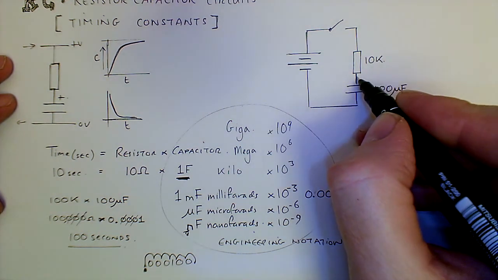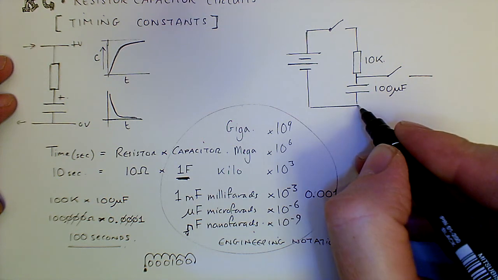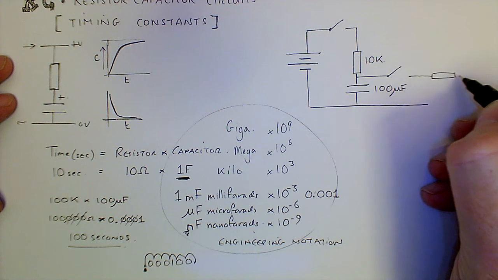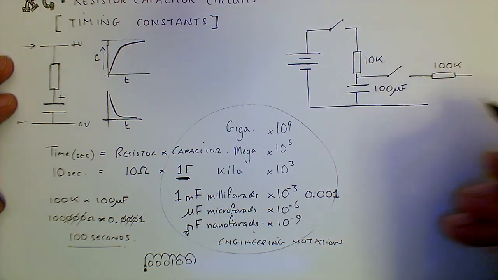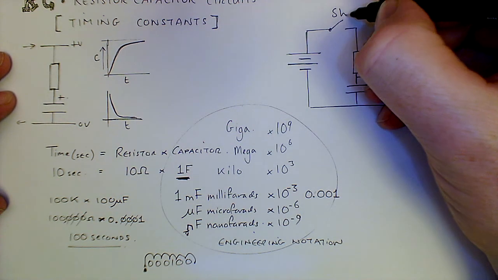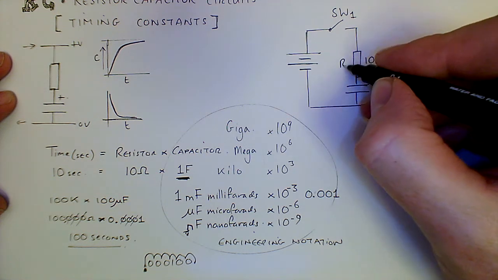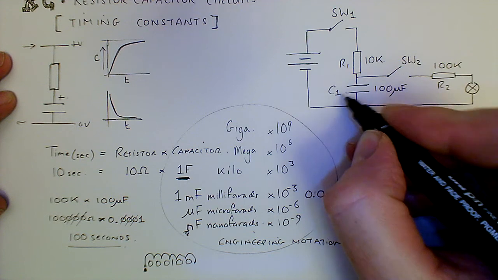Then I'm going to put off here another switch, a resistor, let's go for 100k there, and a lamp. Call this switch 1 and this switch 2. That could be R1, that could be R2, and there's only one of these, so that would be C1.